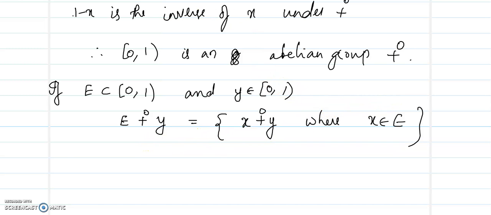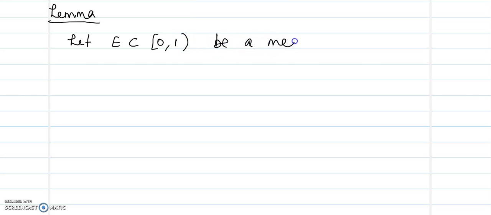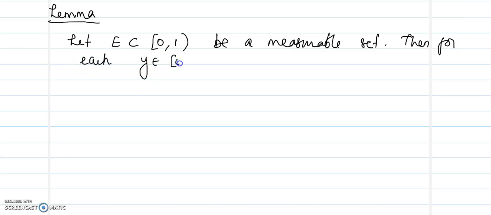Now let us look at a lemma. Using this lemma we are going to construct a non-measurable set. So see this lemma. Let E be a subset of [0,1), and let E be a measurable set. Then for each y belonging to [0,1), the set E plus y is measurable.